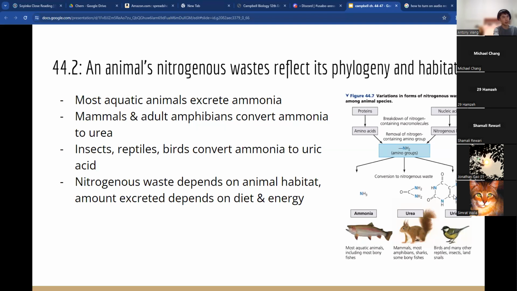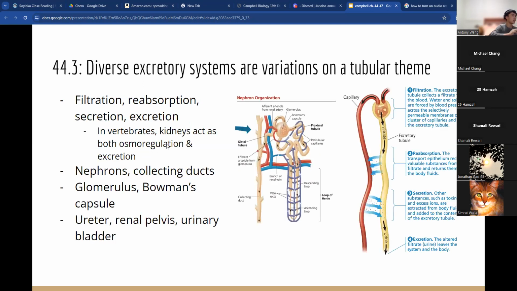That's very expensive. That's why the way that the wastes are excreted depends on diet or energy. There are pros and cons to each. Uric acid costs energy. Ammonia is hard to get rid of.